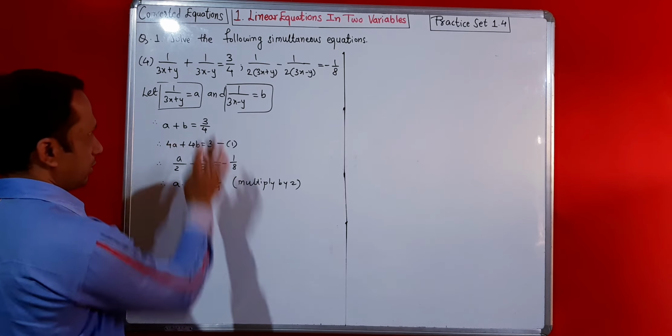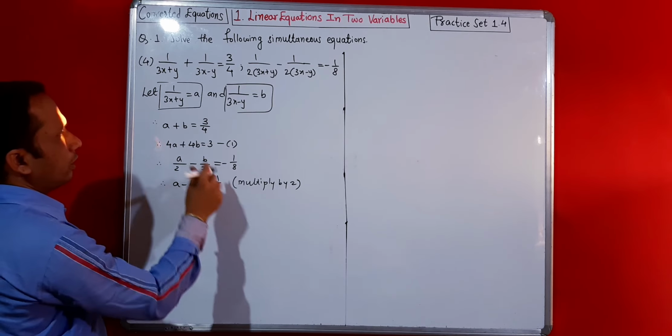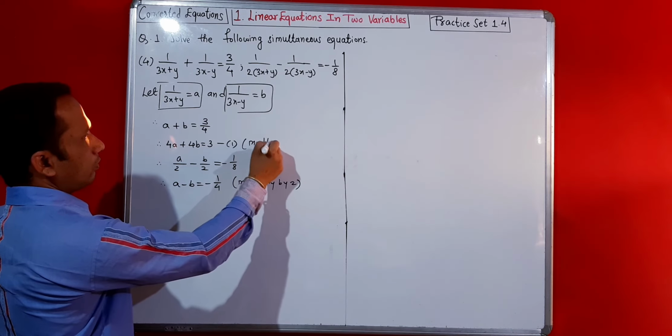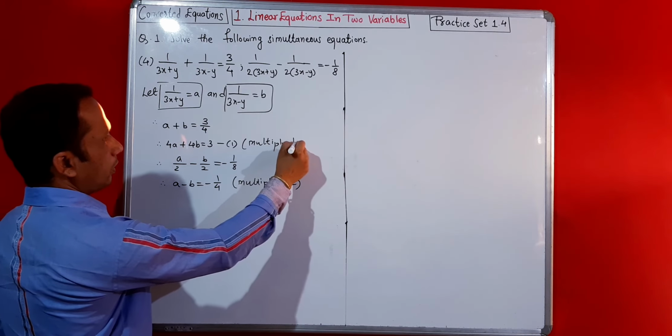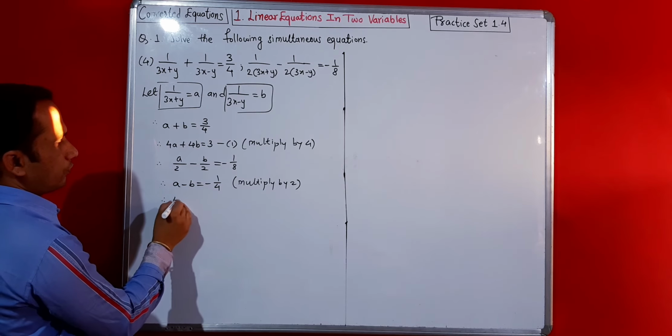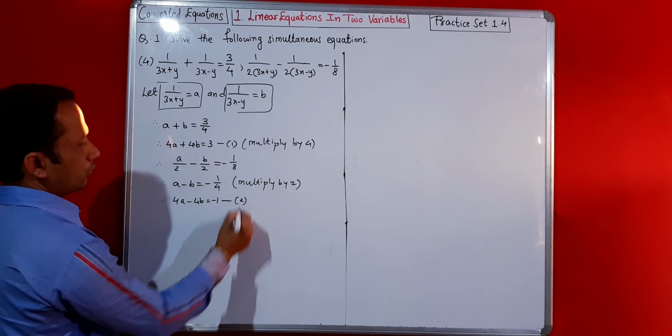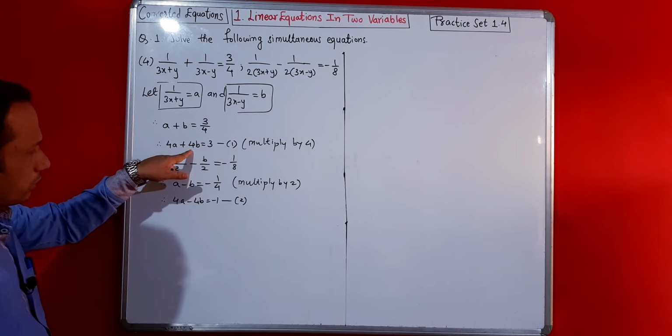Or here you can write multiply by 4, so you'll get 4a minus 4b is equal to minus 1. This is equation number 2.